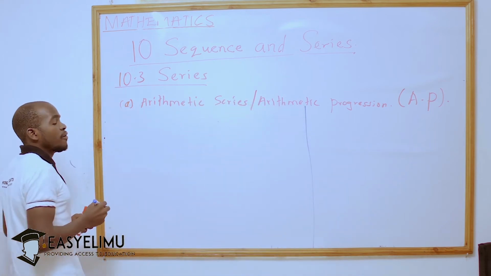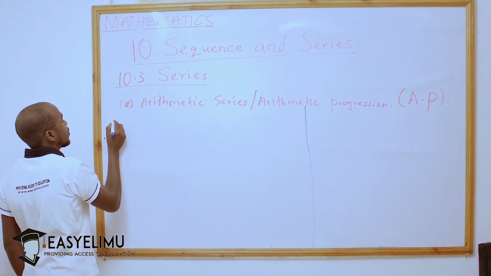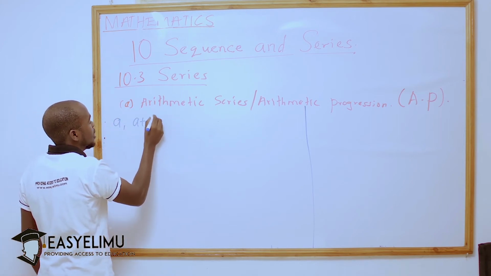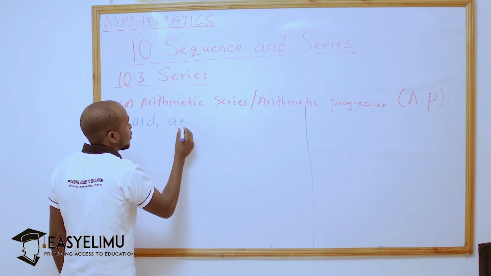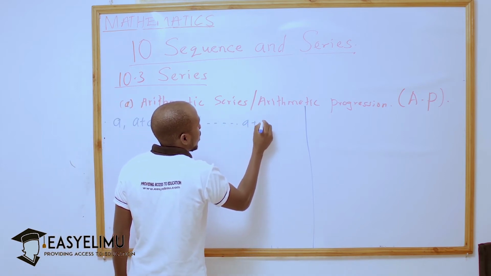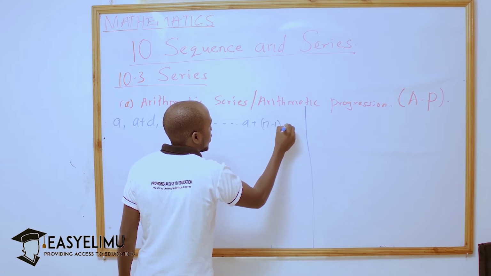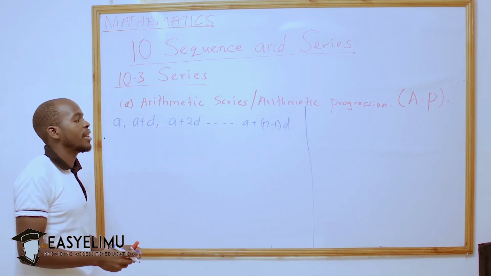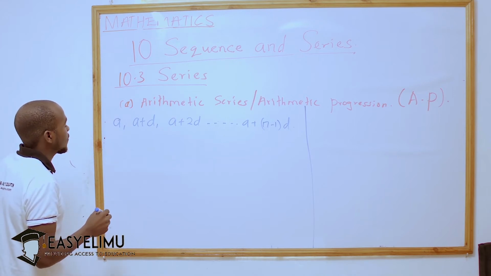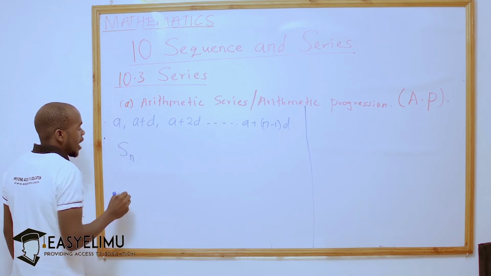In case we have an arithmetic sequence of a, a plus d, a plus 2d, up to a plus n minus 1 d, you will find that if we form an arithmetic series, then it will be Sn.